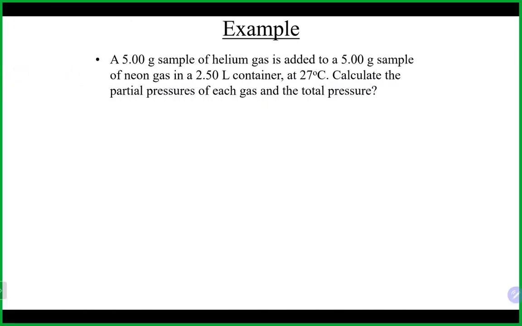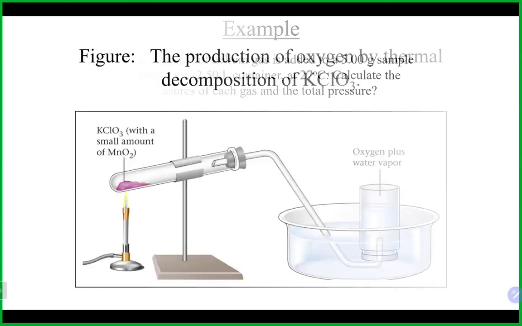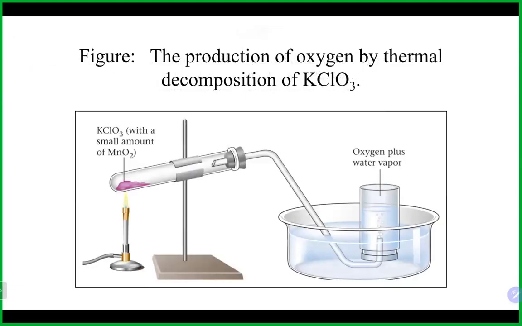All right, let's skip that, I think. That's what we just did. Let's talk about another type of partial pressure situation that can occur. We don't do this lab anymore, but we used to.